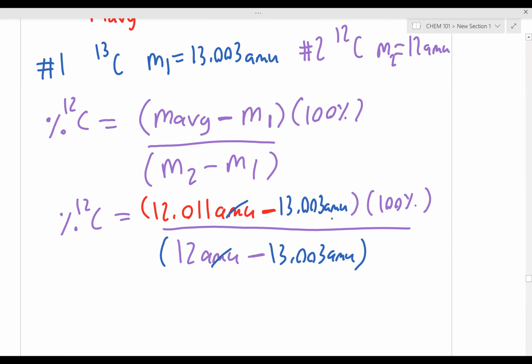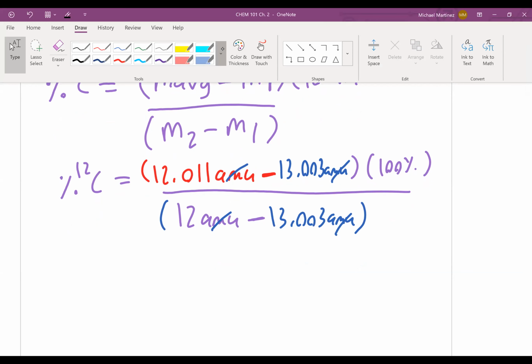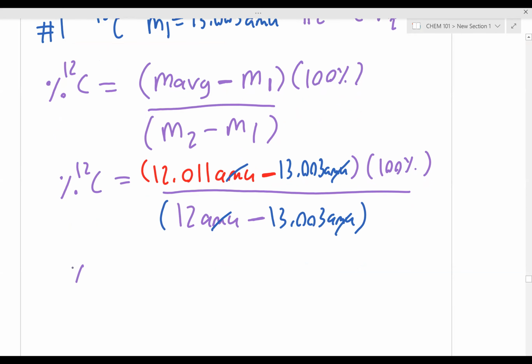Notice units of AMU cancel, and we end up with a unitless number. Let's now enter this into our calculator and determine the percentage of carbon 12. First and foremost, we can enter this top subtraction operation.